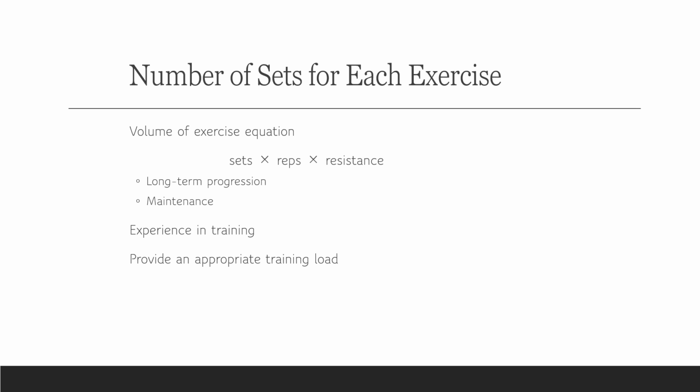These findings have prompted support from ACSM for periodized multiple set programs when long-term progression, not necessarily maintenance, is the goal. Both single and multi-set programs appear to be effective for increasing strength in untrained clients during short-term training periods, such as 6 to 12 weeks.